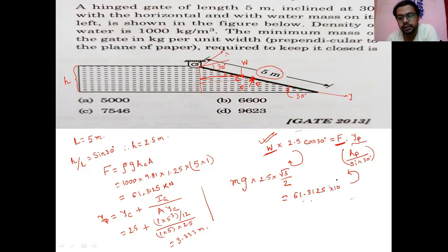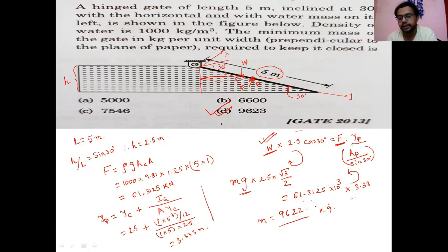So 10 to the power 3 in terms of Newton, into yp. So yp is equal to 3.33. If you do the calculation, your g value is already 9.81. So M will become nearly 9622 point something. So obviously your answer will come as in this problem. That is the way to find such kind of problem.